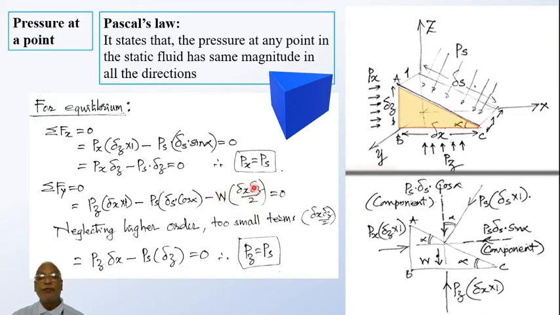Now, because it is a multiplication of two small elements, delta x into delta z, it can be neglected.